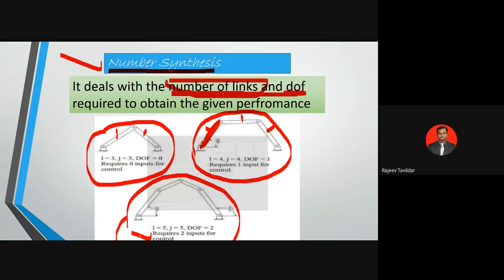So it says that it requires 2 inputs to control this entire mechanism. If I just rotate this particular link, then maybe this link will not move at all. So to move the entire mechanism, I need to have 2 inputs, one is psi and one is phi over here. So this is the number synthesis, wherein we are dealing with only the number of links and degrees of freedom.